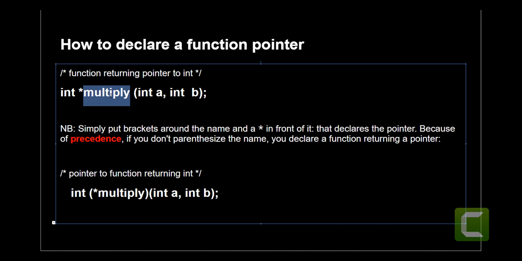So what happens in this case is, because of precedence, which is what will come first and what will be given first priority and what will be put on hold, the function parentheses will be given more priority. So in this case, this will be a function that will return a pointer to an integer.